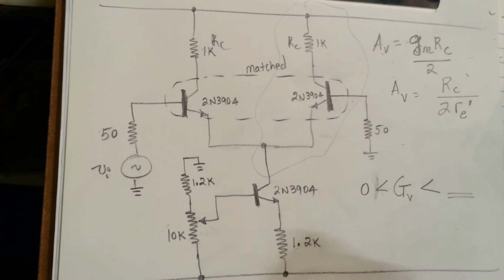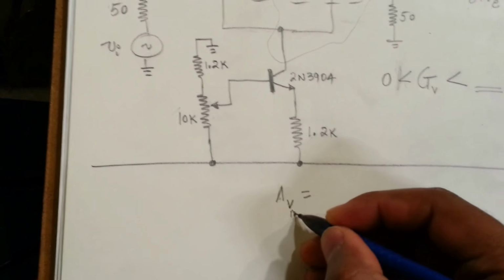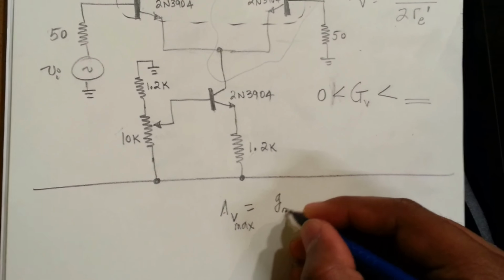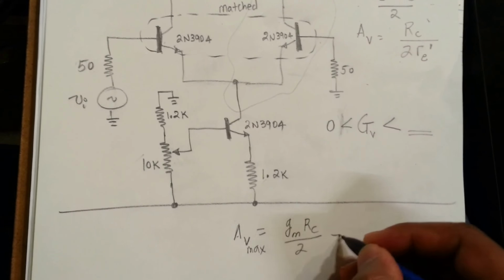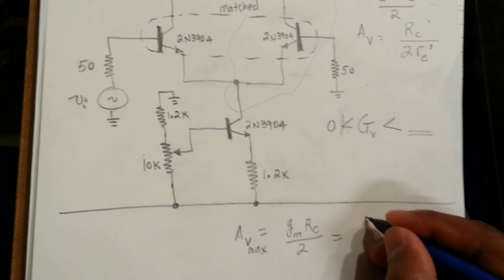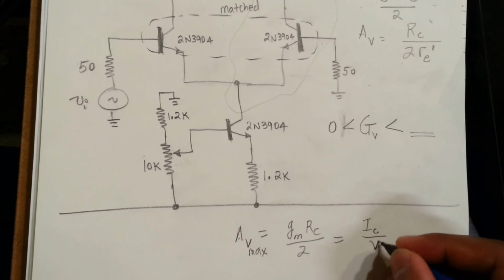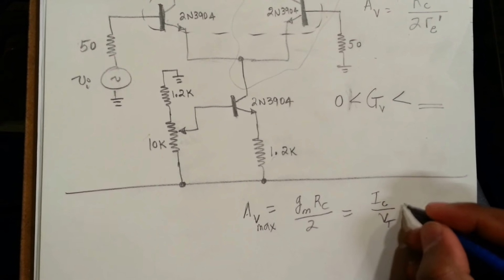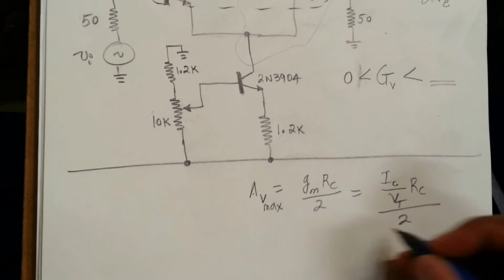So AV, then if I put it down here, the maximum gain, which I'll call max, is, we said that it's given by GM RC divided by 2. We know that GM is given by IC divided by VT, right? The thermal voltage. RC divided by 2. So the VT will come down.